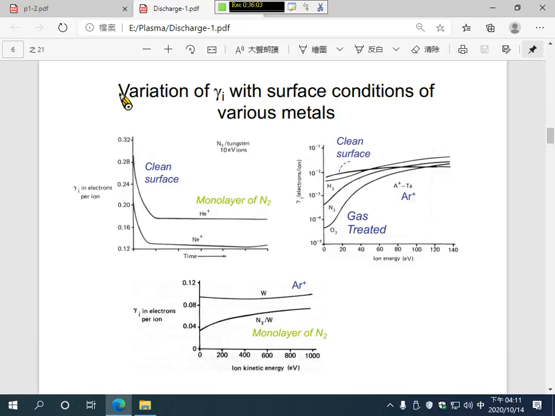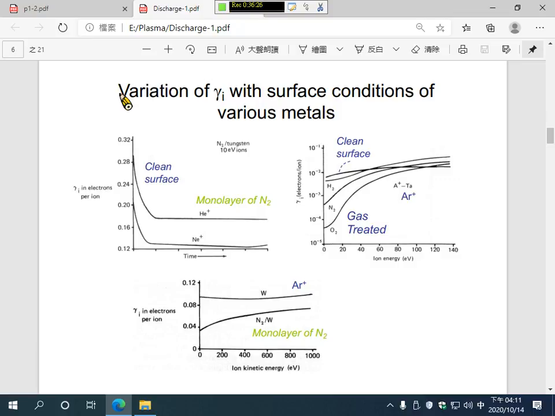increases from this figure. So these three curves are the tantalum surface adsorbed with oxygen, nitrogen, or hydrogen. And the upper curve is the clean tantalum surface.